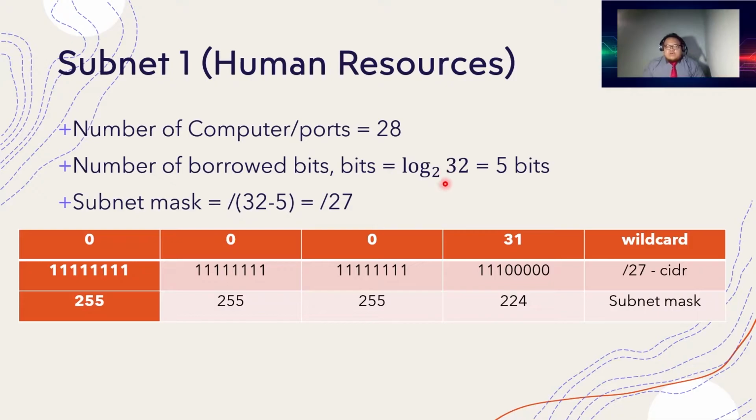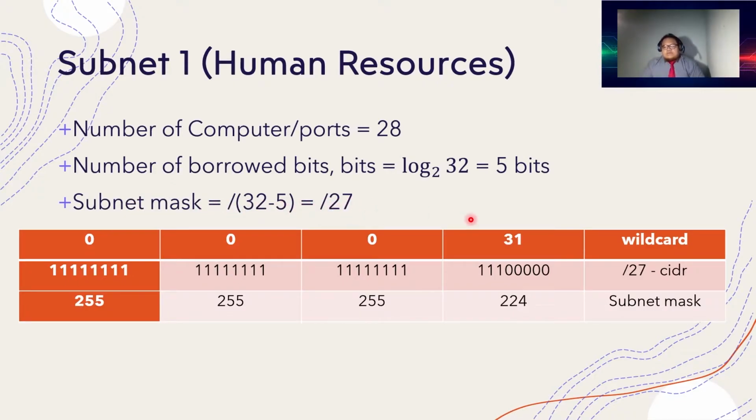In here we are going to use 32 because it's near to 28. So log 2 of 32 is equal to 5 bits. And from here, we subtract the bits using the formula of subnet mask, 32 minus 5, and the mask that we have retrieved is mask 27.